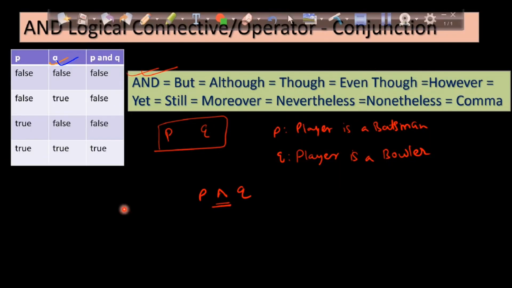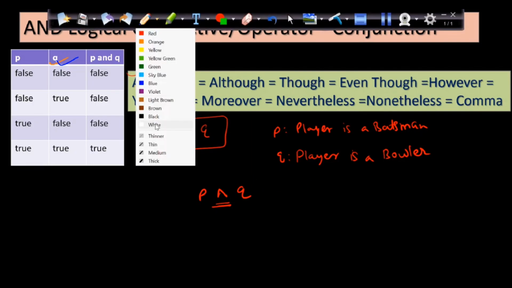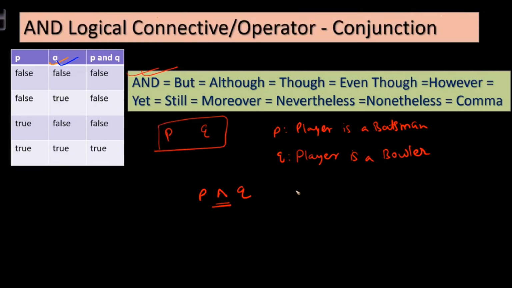As you can see, there are different ways of representing and also: and, but, although, a comma, however. If I say that player is a batsman and player is a bowler, I can represent it in English as: player is a batsman, comma, player is a bowler. This would also mean that he is both.